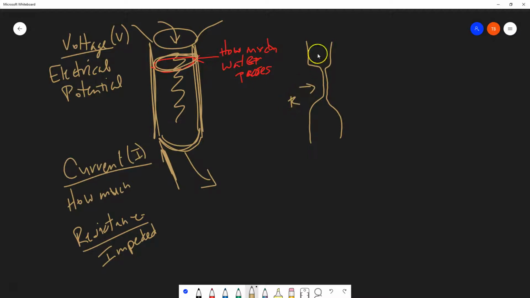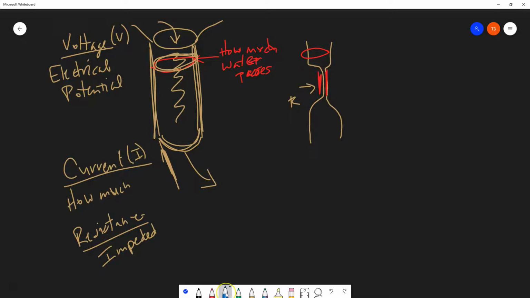Now with that same measurement tool up here, the amount of water passing through this area at the top is going to be much less per unit time because of the restriction imposed by the narrower tube. So this is a water representation of how voltage, current, and resistance are related to each other.